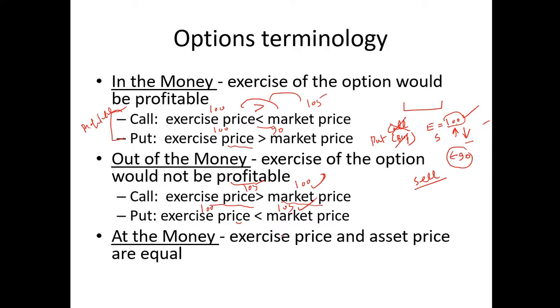And at the money option is when the exercise price is equal to the stock price, so it will be neither profitable nor unprofitable.